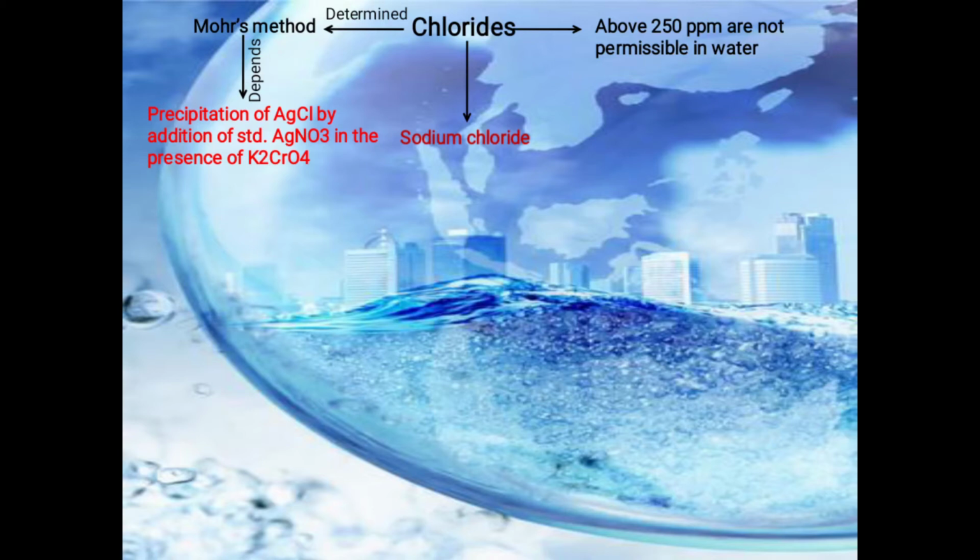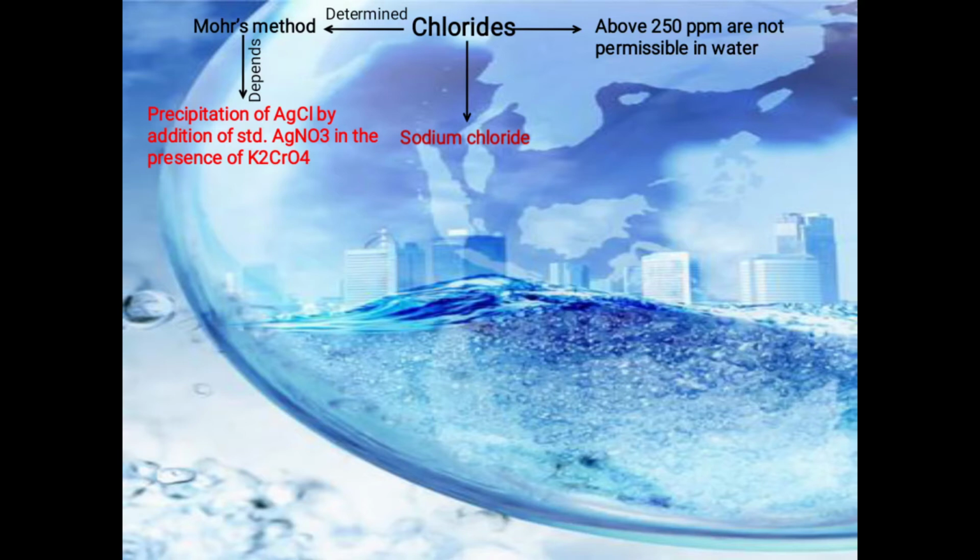This indicator is capable of demonstrating the slightest excess of silver nitrate to reach the endpoint. Then a reddish brown precipitate of silver chromate is formed, which shows that all the chloride has been precipitated.